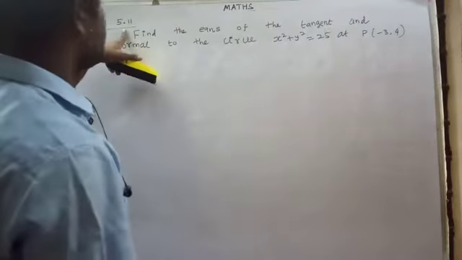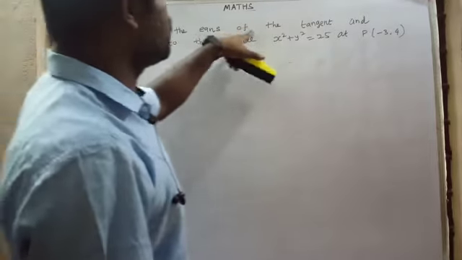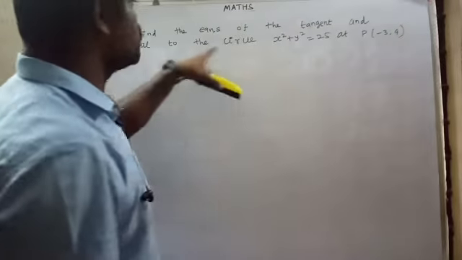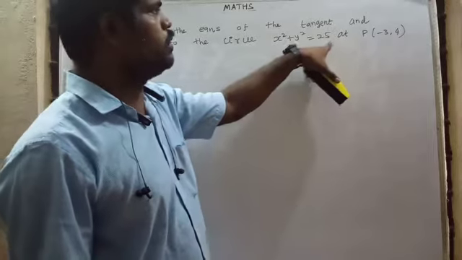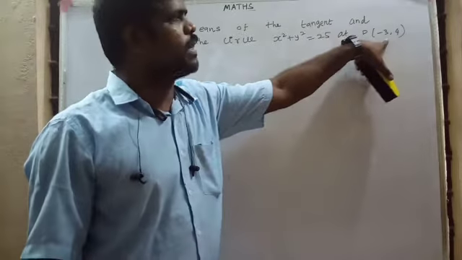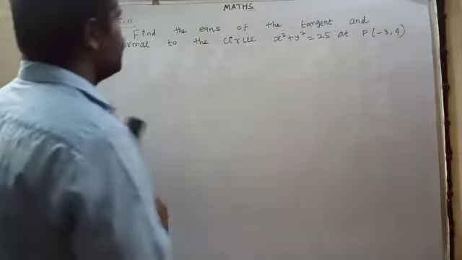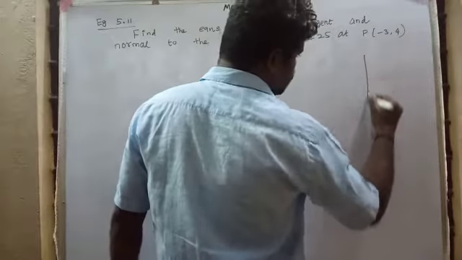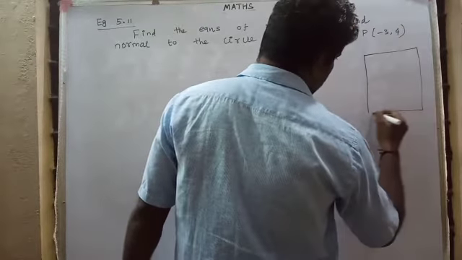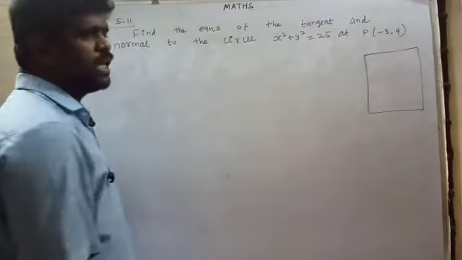Example 5.11. Find the equation of the tangent and normal to the circle x square plus y square equal to 25 at P(minus 3, 4). Here we have one shortcut to find the equation of tangent.